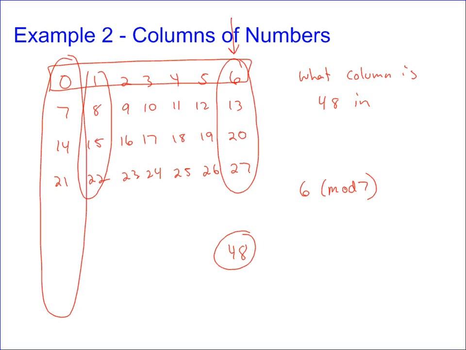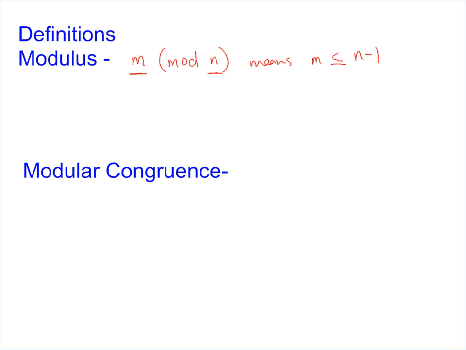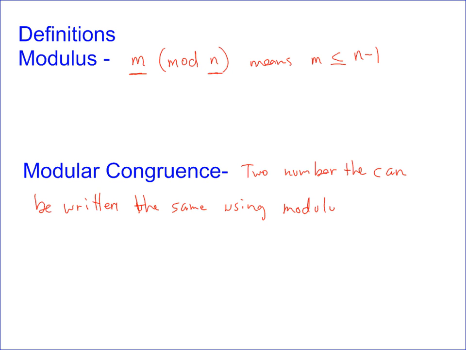So when we talk about modular congruence, it means two numbers that can be written the same using modulus. For instance, if we go back to our columns, they are a good way to understand this.